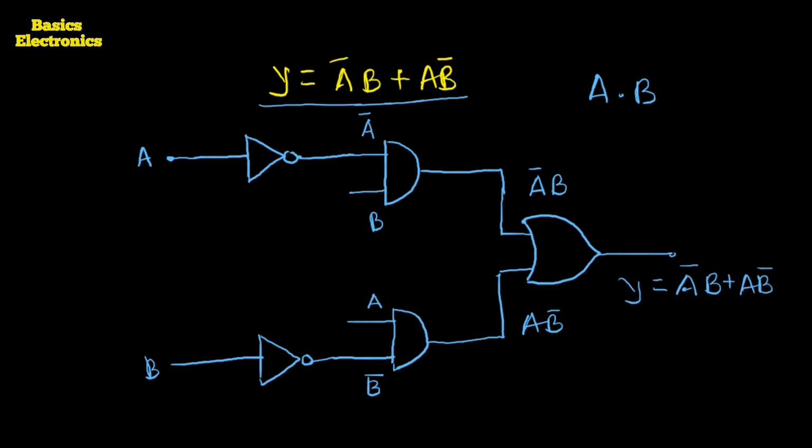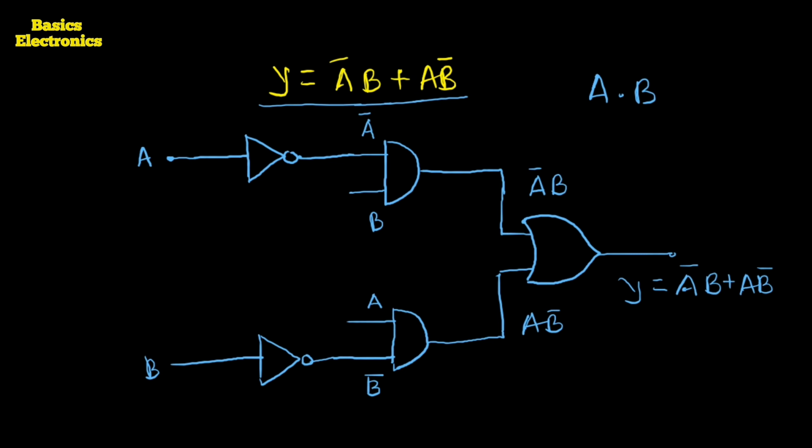Now one question arises here. We have the A input here and the B input here. Here there is one more B input, and one more A input. So we don't keep them open; we connect them together with the A and the B input.